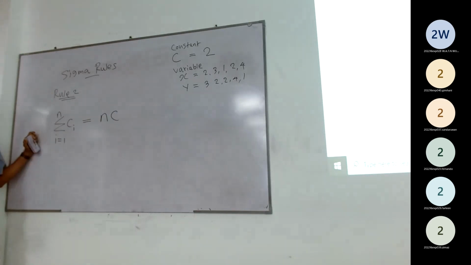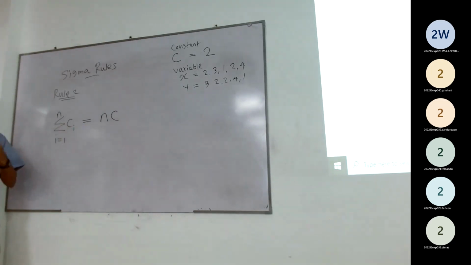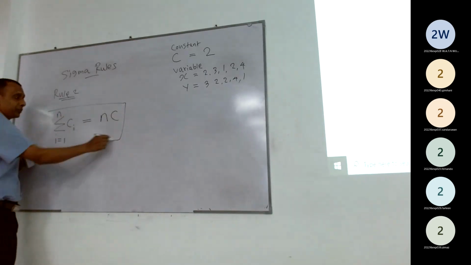How many times do you add the constant? Similar to constant multiplied by n. Example, constant 5. If you add it 100 times, the constant can be multiplied by 100. Very simple. That is the second rule.